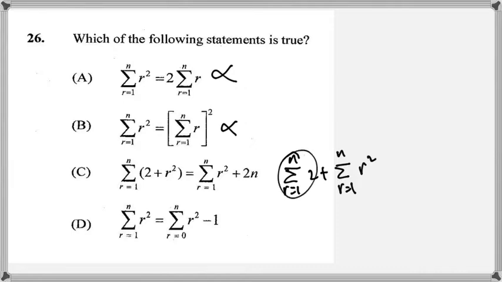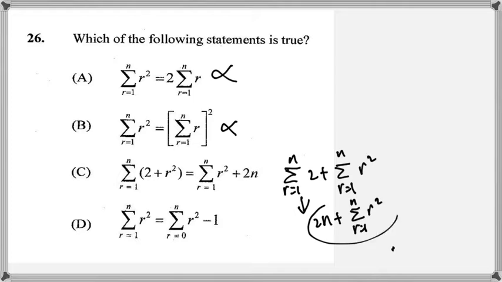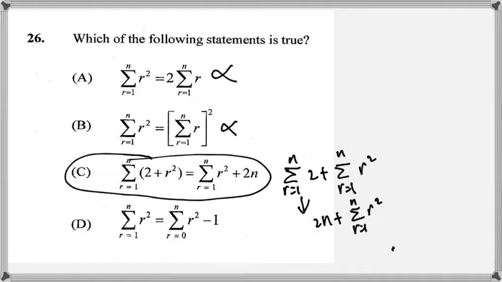And there's a rule with constants where the sum of a constant is the same as the constant times n. So it's 2n plus the sum from r equals 1 to n of r squared, which you can see clearly you have here. So it looks like C is the answer for this question.